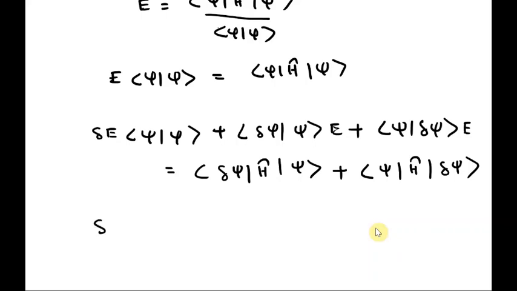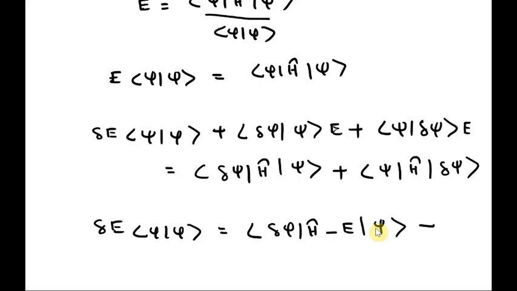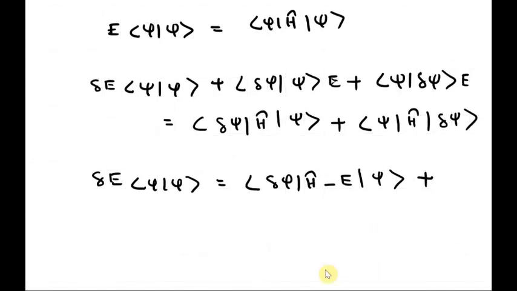It will become delta E <psi|psi> equal to <delta psi|(H minus E)|psi> plus <psi|(H minus E)|delta psi>.